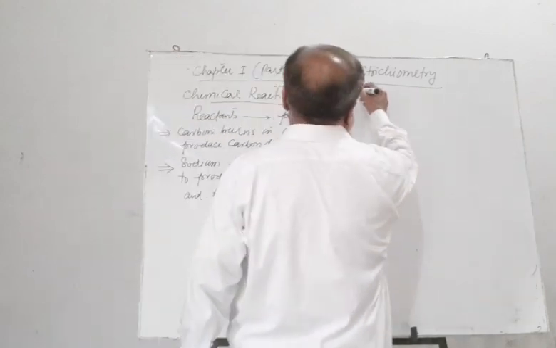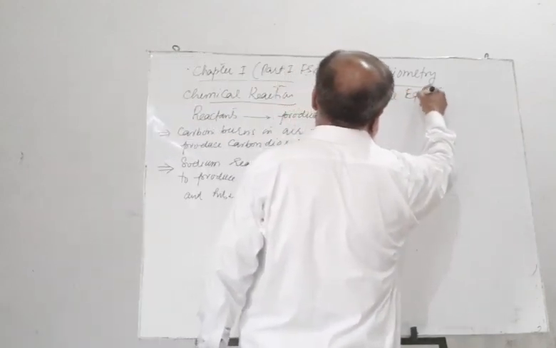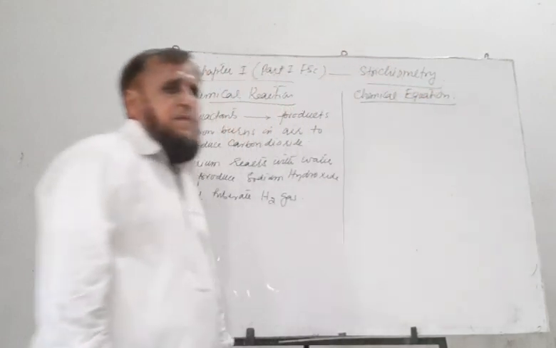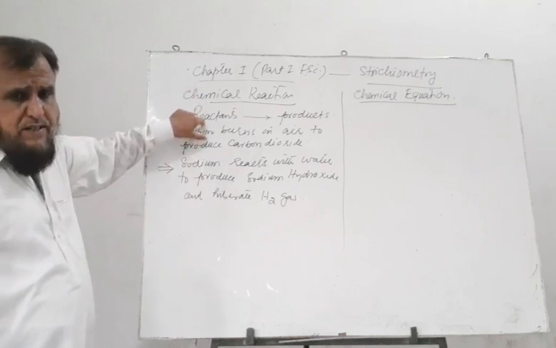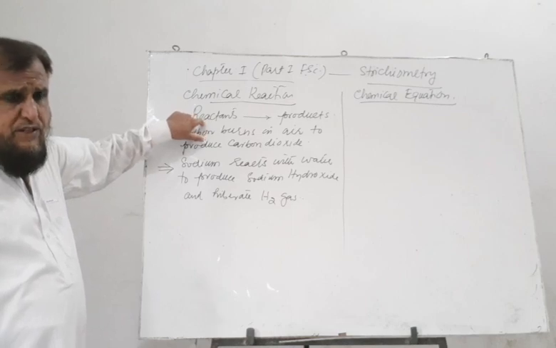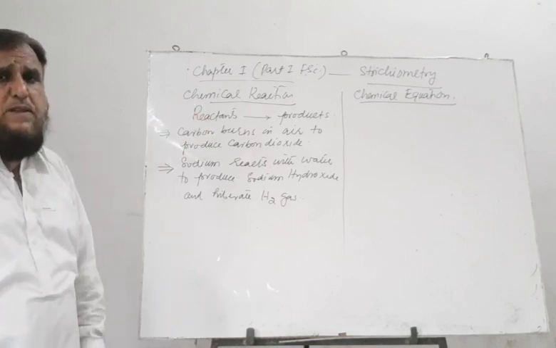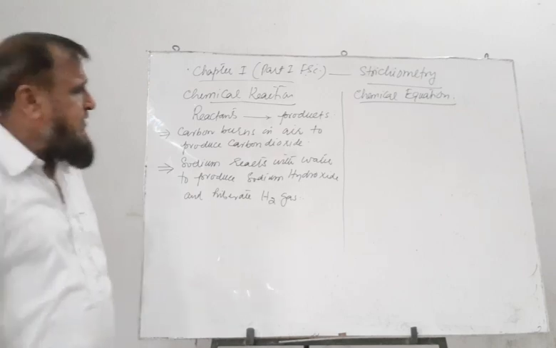The second term which is generally used is known as chemical equation. We can represent the chemical reaction in terms of symbols and formulas, and this representation of a chemical reaction in terms of symbols and formulas is known as chemical equation.